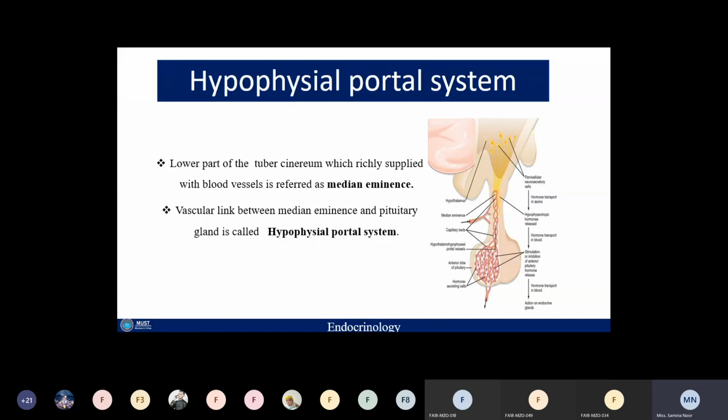Hypophyseal portal system. The lower part of the tuber cinereum, which is richly supplied with blood vessels or blood capillaries, is also known as the median eminence.